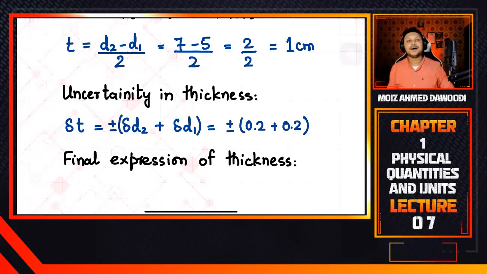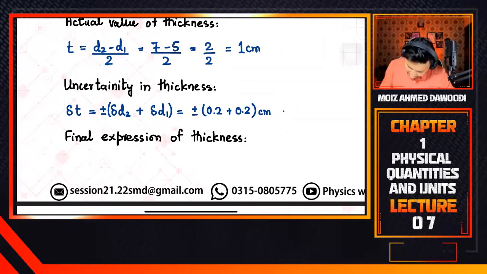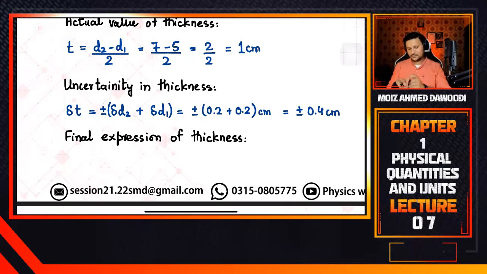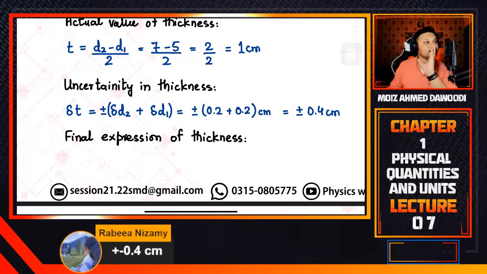And both are having the unit system centimeter. तो वो बाहर लिख दिया हमने. So what will be the final answer? Plus minus 0.4 centimeter. Understood? So we found the uncertainty as well as the actual value. Yes, Rabia.